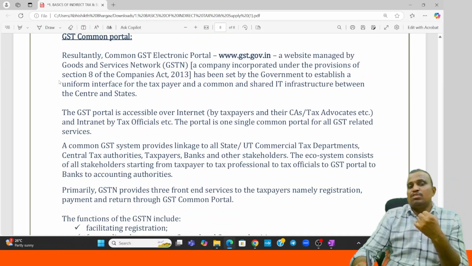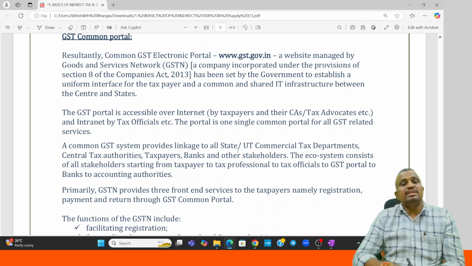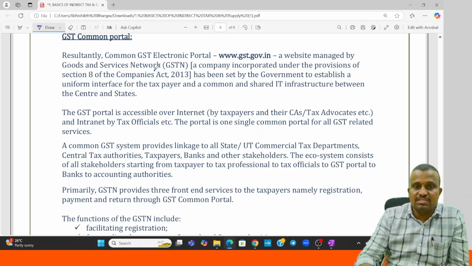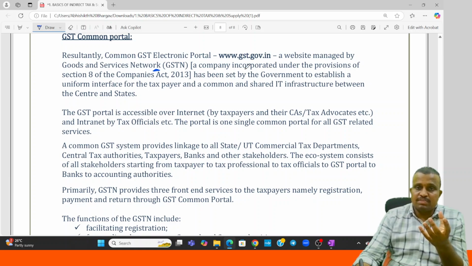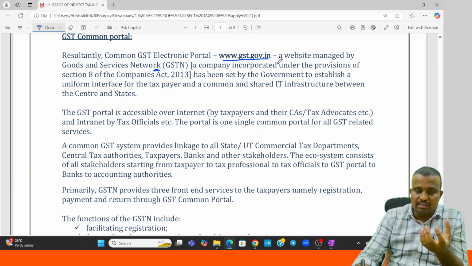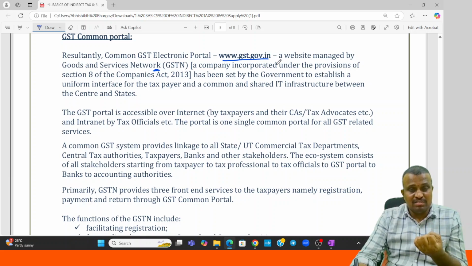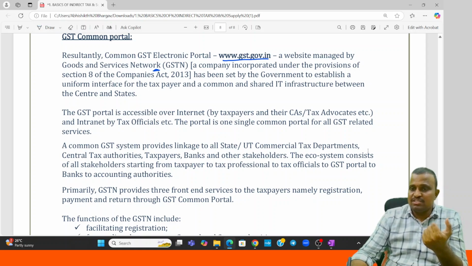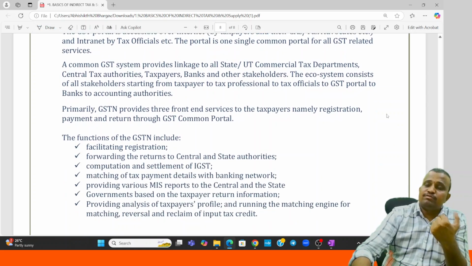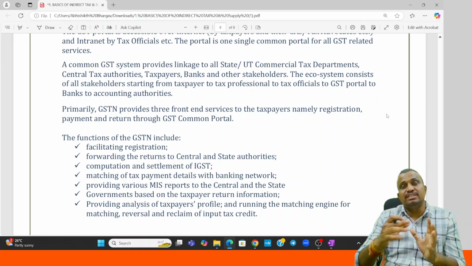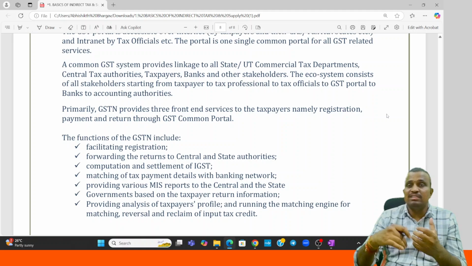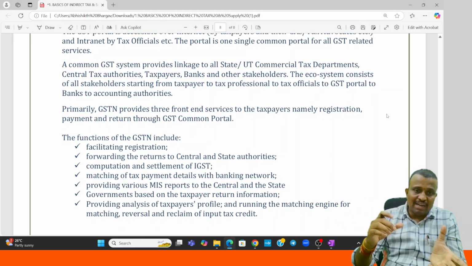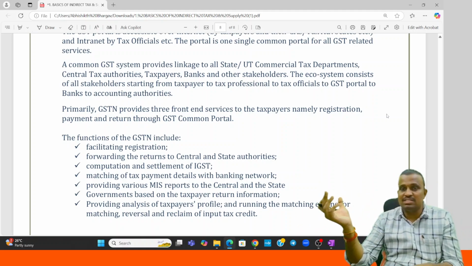Okay, coming to the common portal. The common portal is a company established under the Companies Act 2013, a Section 8 company, namely GSTN. It provides one common website, gst.gov.in, a common platform for taxpayers as well as the central and state governments. It facilitates registration under GST, filing of GST returns and forwarding those returns to government officials, computation and settlement of GST, verification of matching of tax payments, and provides various MIS reports to the central and state governments.